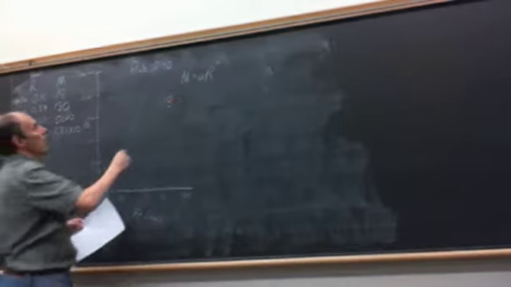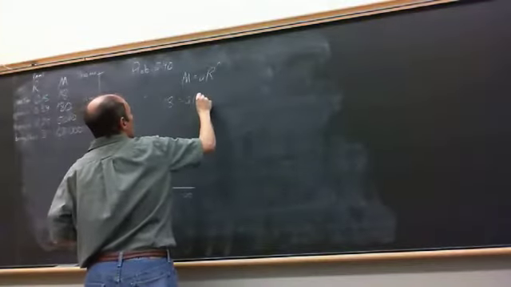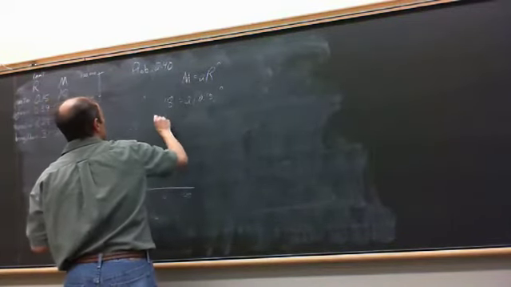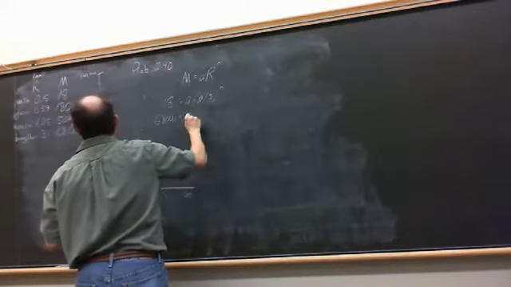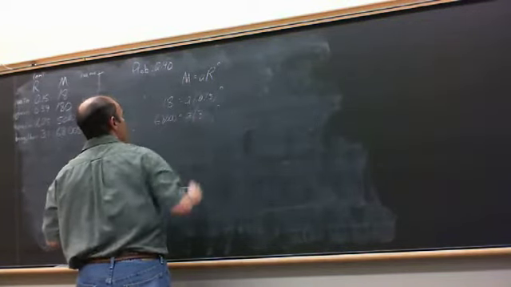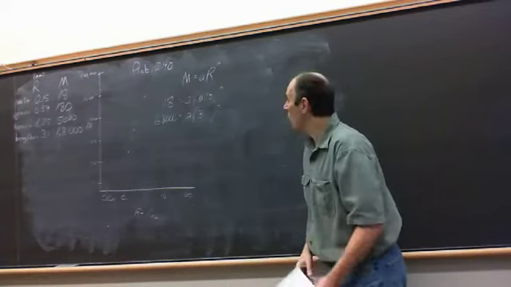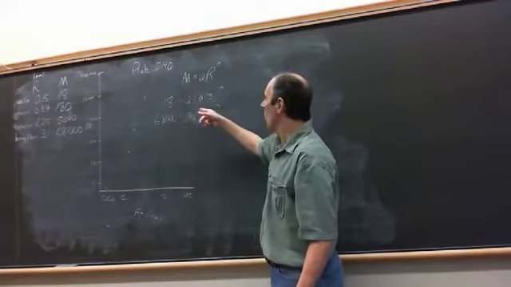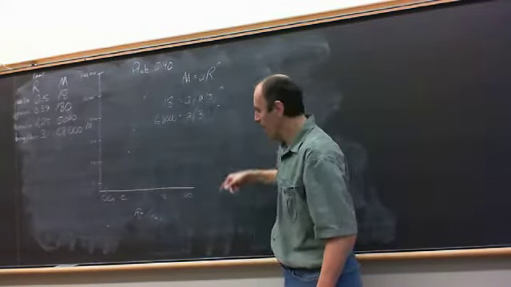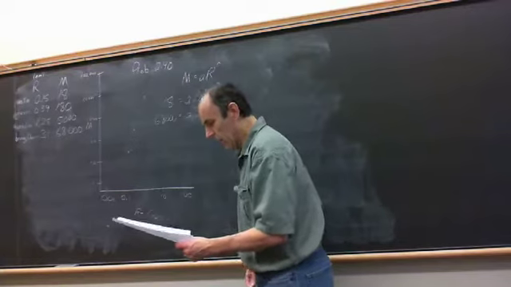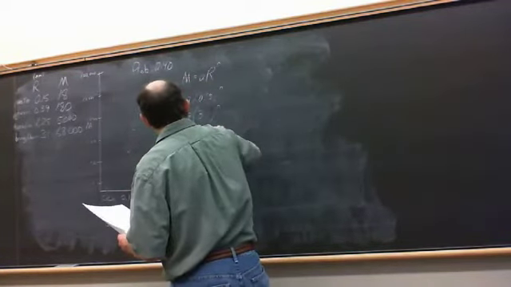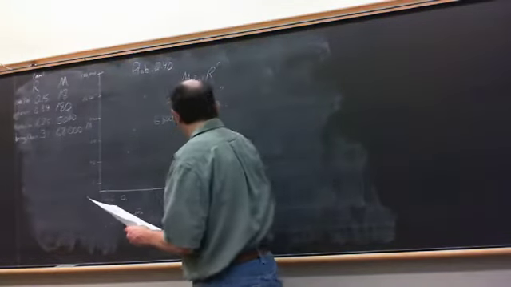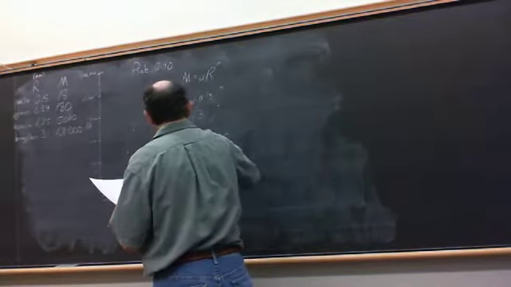You can take 18 equals A, R is 0.15 to the N, and you can take another point, which we'll take down here, 68,000 is equal to A, 3.1 to the N. We're running out of time, so I'm not going to solve the whole thing, but again, if you divide the two, the A's will go away, and you'll be able to solve for N. And if you solve for N in this case, you get approximately 2.72. And then you can plug it into one of these equations and get A. You get A is equal to 3140.